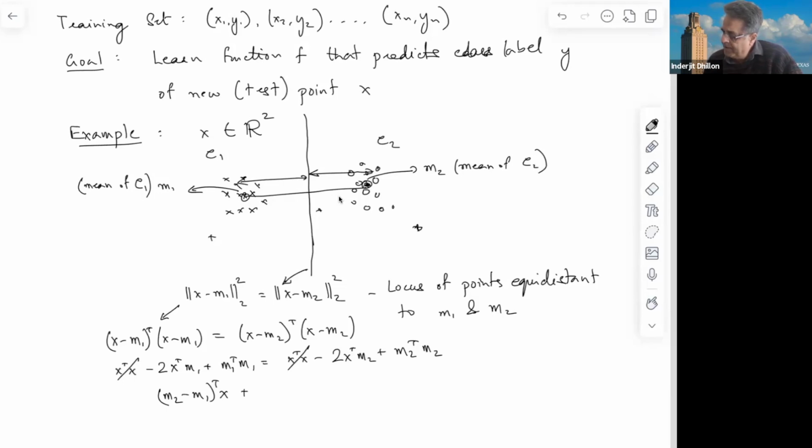Then if I take this to this side, I'll get 1/2 of (M1 square minus M2 square). Again, the locus of all the points is this, where this is equal to 0.